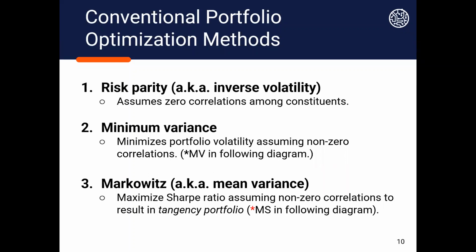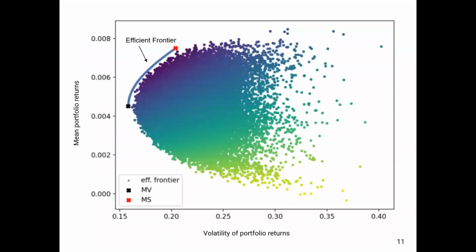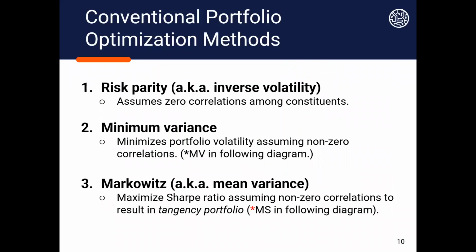In the following figure, it is a typical efficient frontier diagram that you would learn in every portfolio management textbook. You will see that the minimum variance portfolio is this point, the black spot here. This is the MV, the minimum variance portfolio. It's at the edge of the efficient frontier. It has the lowest variance of all the potential portfolios looking backward.